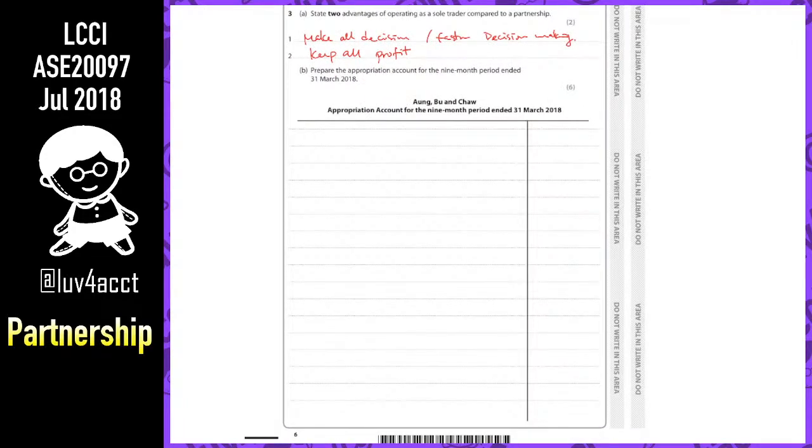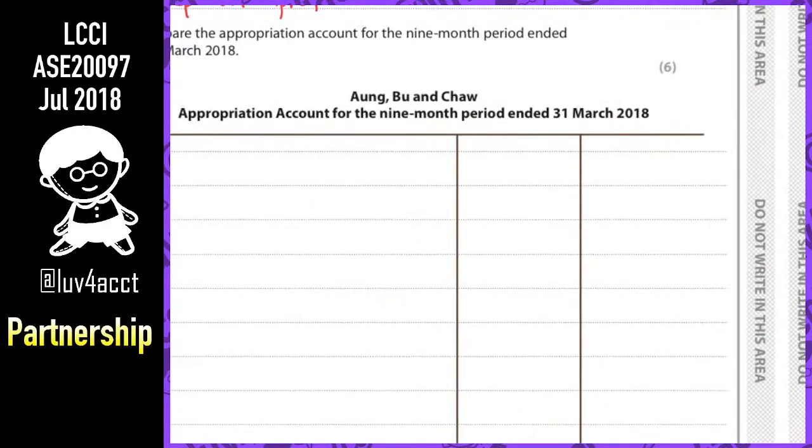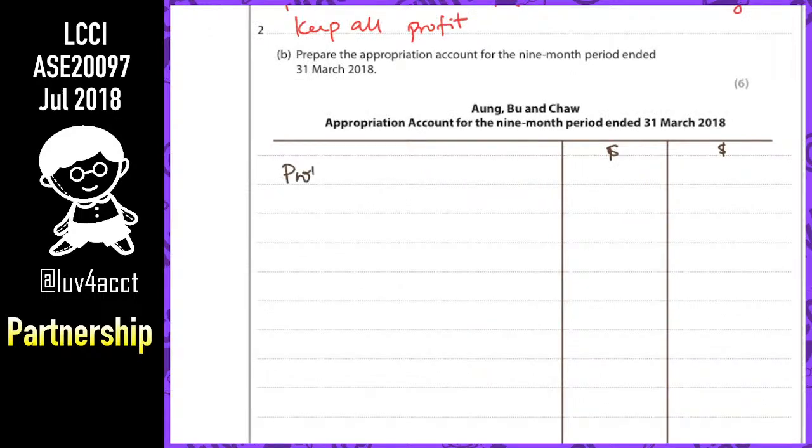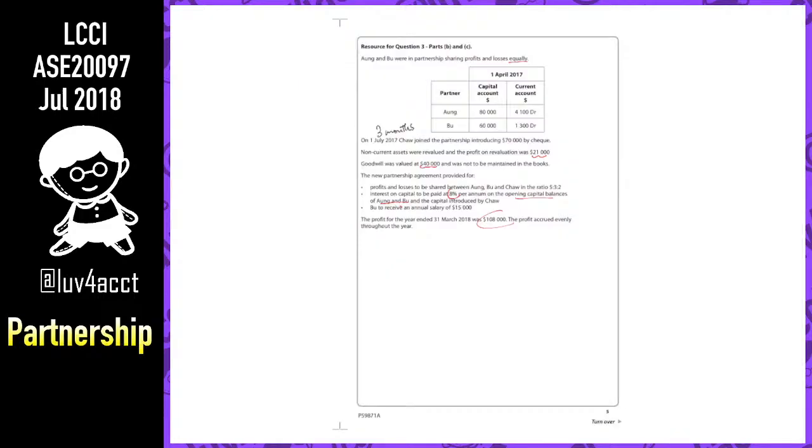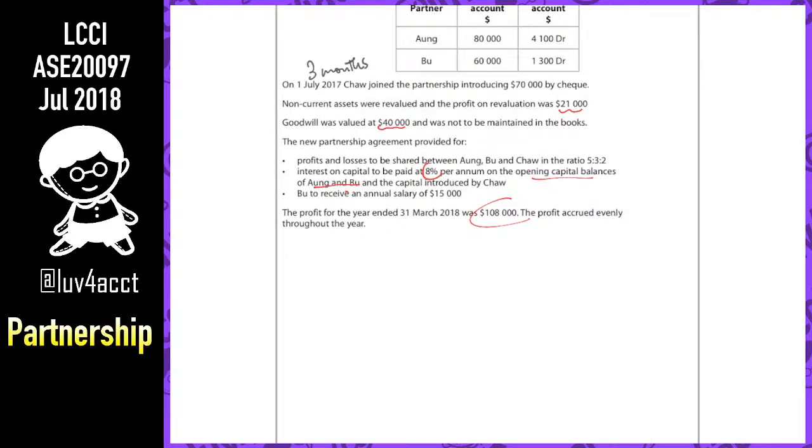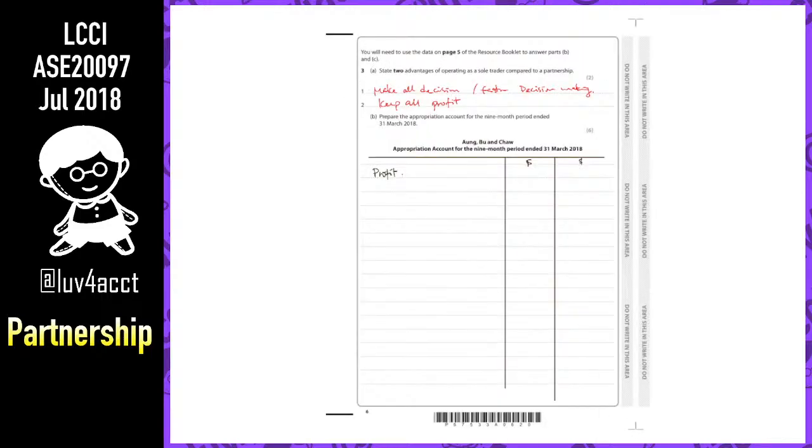Let's make it 2 columns. Okay, profit for the year, for the period, will be 108,000, and for 9 months, okay, 81000.